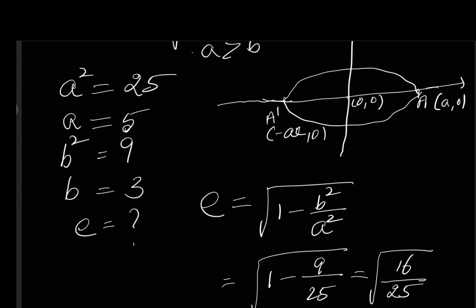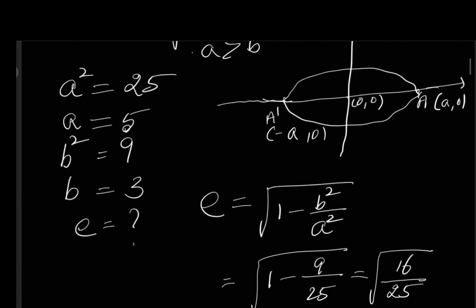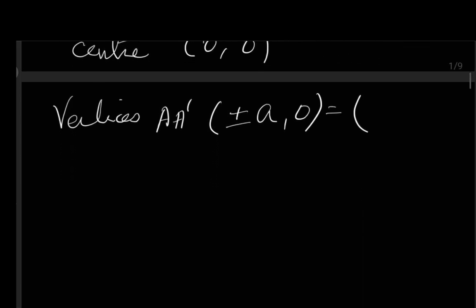So vertices is A dash here. So you will get A dash, that is plus or minus A comma 0. That is equal to, what is the value of A? We have got 5. So plus or minus 5 comma 0.